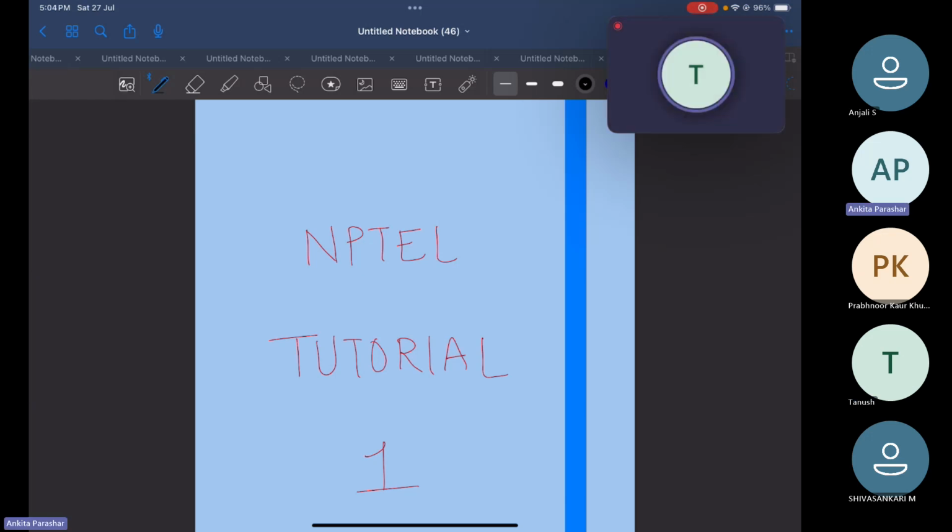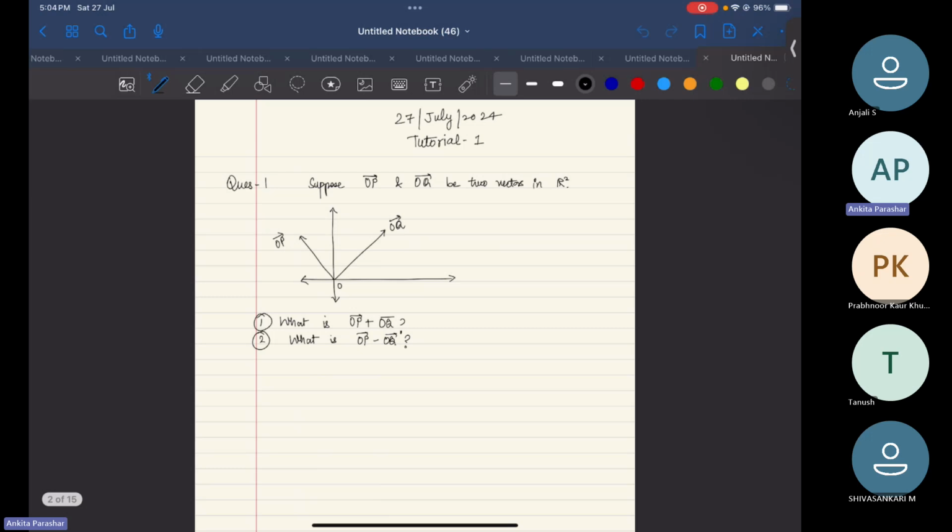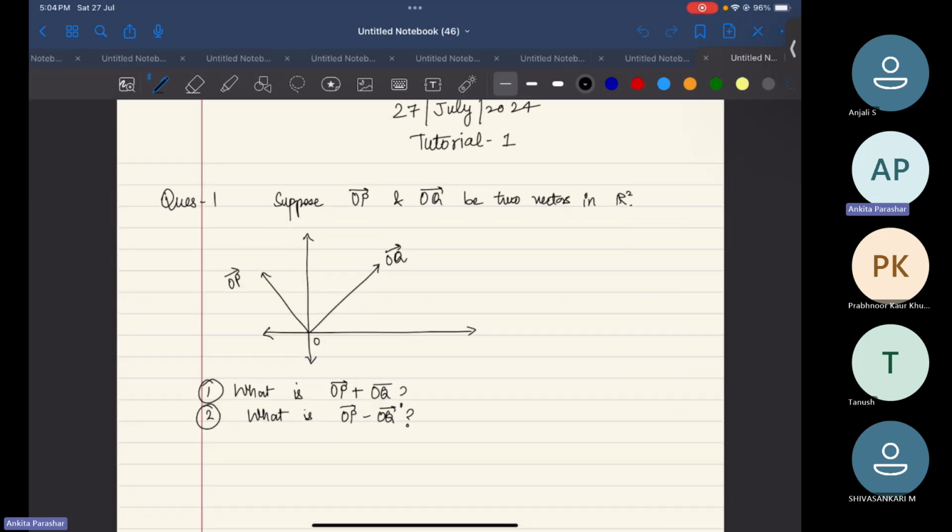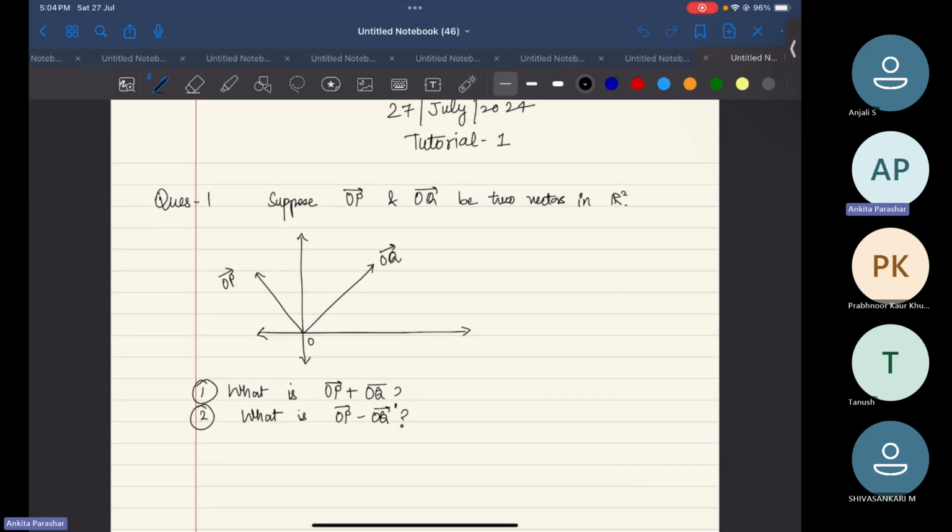Yes. All right. So this is question one. We will discuss some of the assignment questions and some of the questions I made myself. So let's do some questions. Question one is: suppose OP and OQ are two vectors in R2, as you can see in the Cartesian plane, and we want to see what is the sum of these two vectors and what is the difference of these two vectors, and we want to see these vectors geometrically.